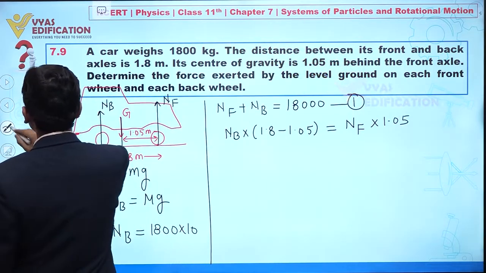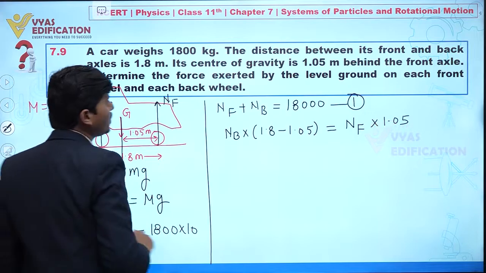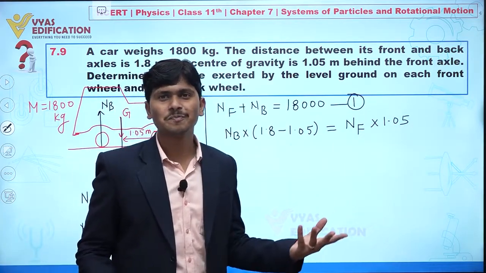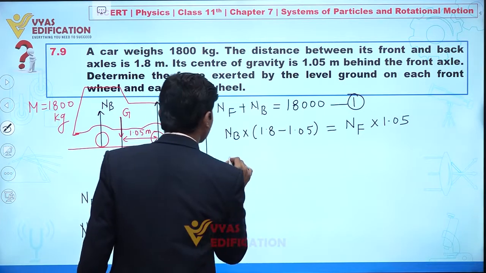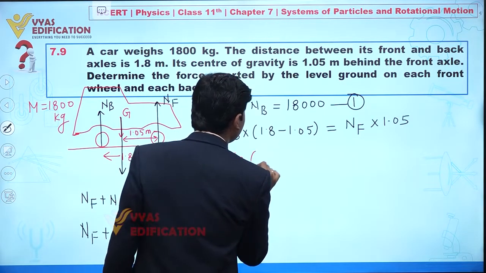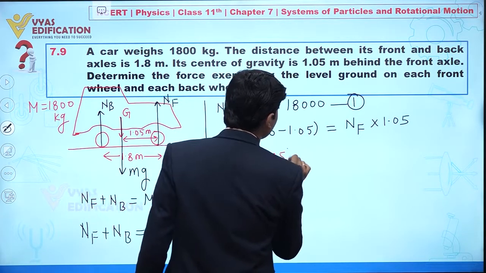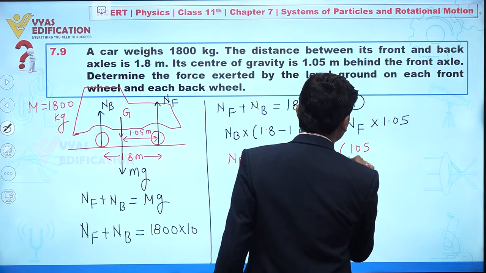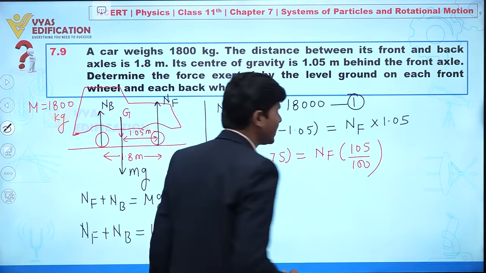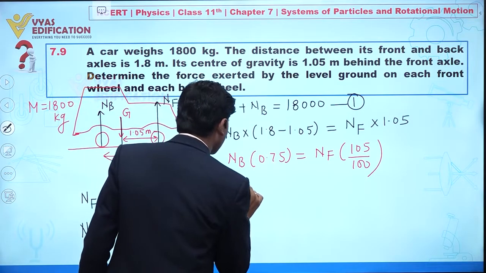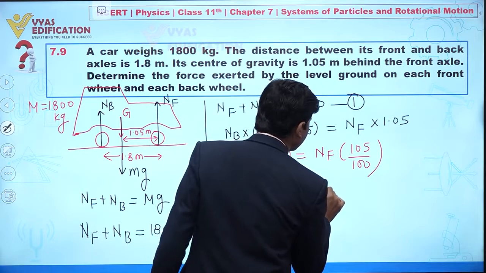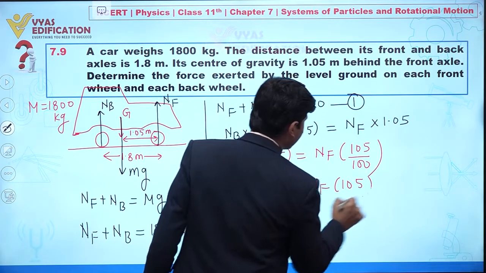So now we have two equations and the number of variables is also equal to 2. Clear? So we can easily solve it. So now I can write like this, NB times 0.75 equals NF times 105 by 100. So we can write 75 NB equals 105 NF.